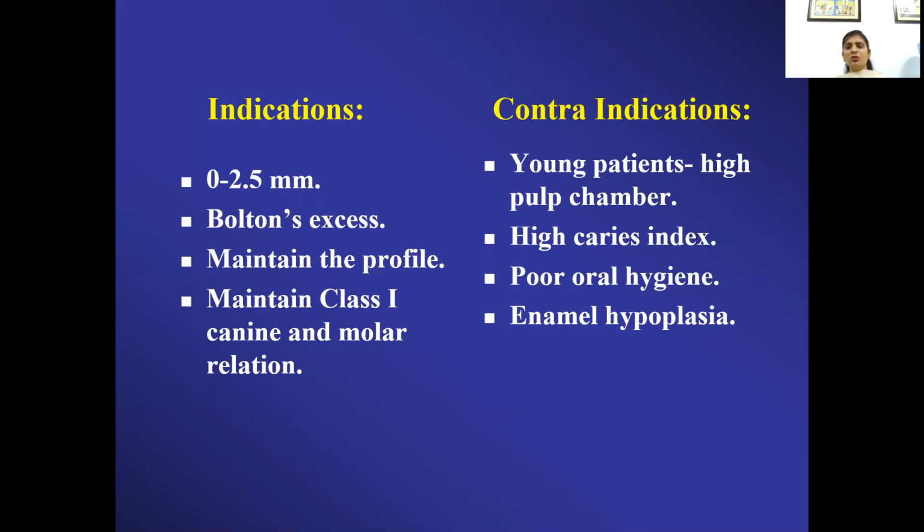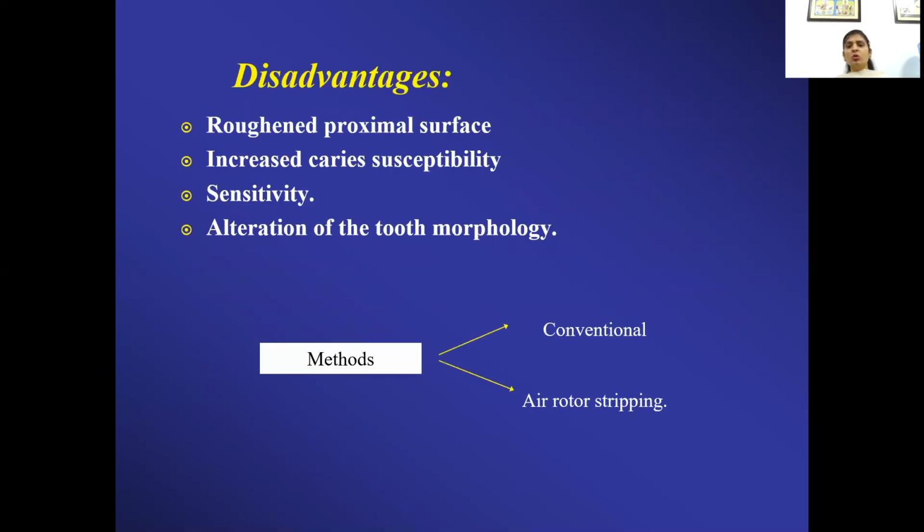And the contraindications of this procedure include the young patients who have got high pulp chamber, the patients who have got high caries index, the patients who are not maintaining proper oral hygiene, and the patients who have got enamel hypoplasia. All those patients cannot be treated by proximal stripping because this procedure itself is going to create roughened proximal surfaces.